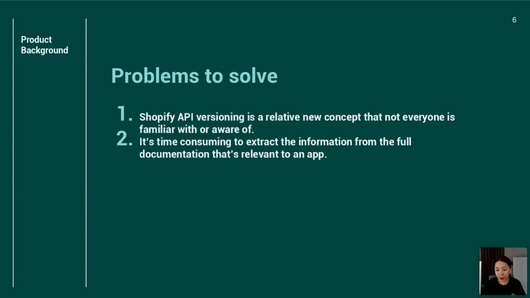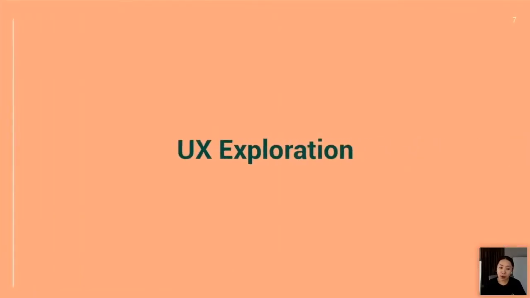Secondly, there are many new features offered in one API version. It is time consuming to extract the information relevant to one app from the full documentation. So the goal of API Health Report is to ease the process of fixing breaking API calls by surfacing app-specific API call data in the Shopify Partner dashboard. Our engineer team will dive deeper into the concept of breaking API later.